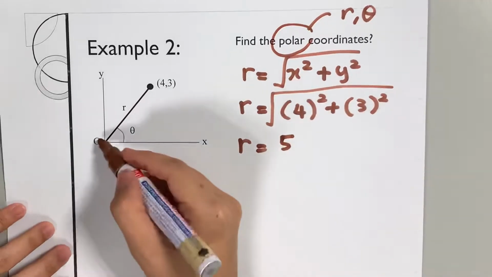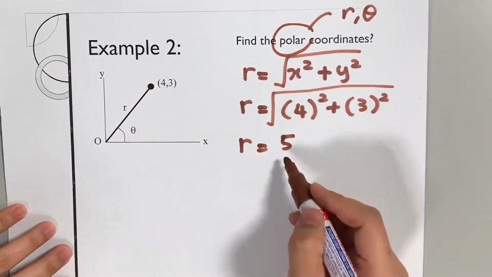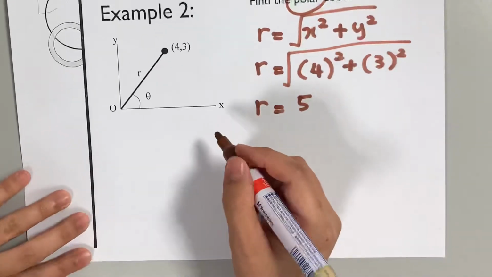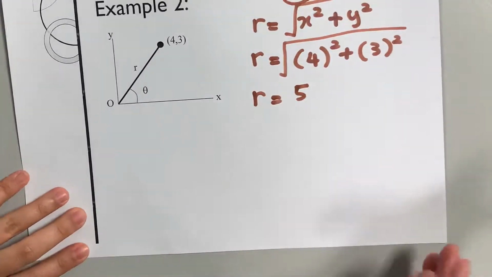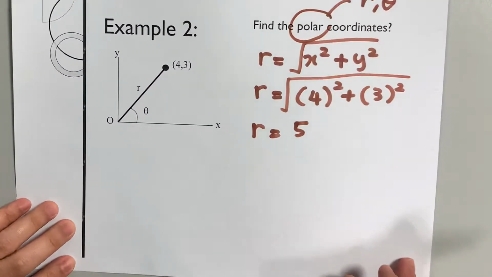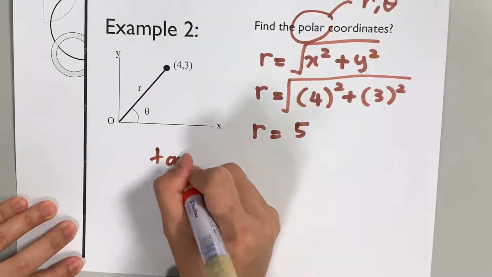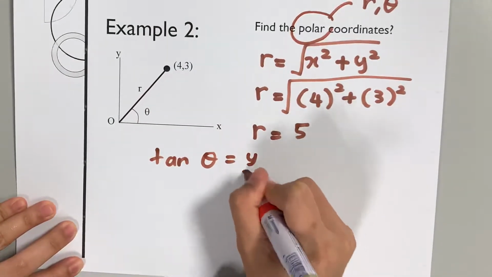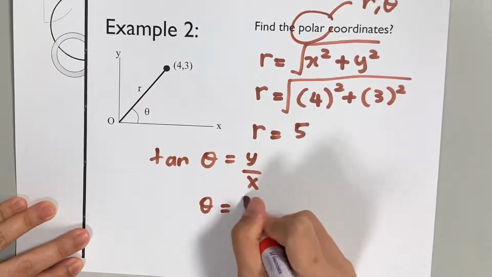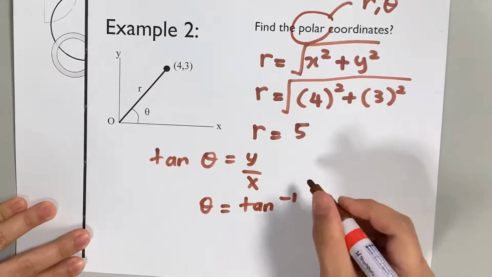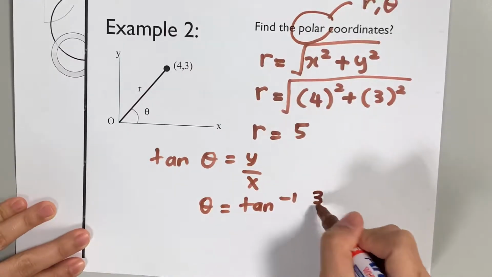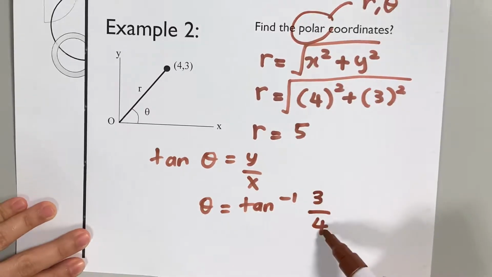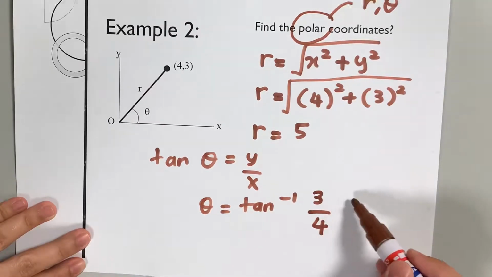So the r, the length or the magnitude here, is 5. R is magnitude. So how do you find theta? Tangent theta is equal to y over x. So theta is equal to inverse tangent of 3 over 4. Y over x, not x over y. Some of you will get confused. It's y over x.